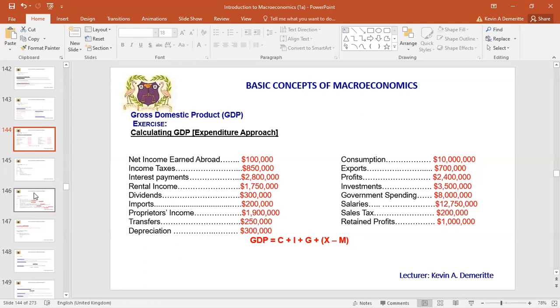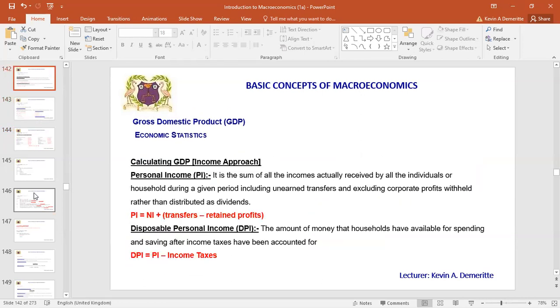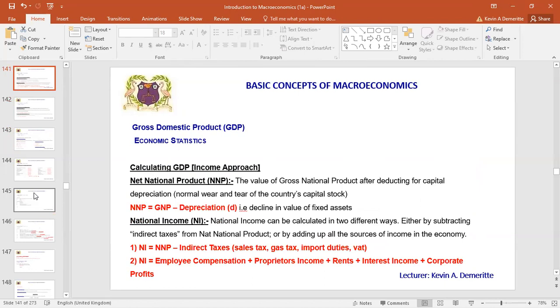You will see some kind of tax in your table, and you'll have to determine whether in fact it counts as an indirect tax. And remember what we call indirect taxes. Indirect taxes, we said, would be something like a sales tax, a gas tax, import duties, or value-added tax. Some kind of tax that is not coming directly from your salary.